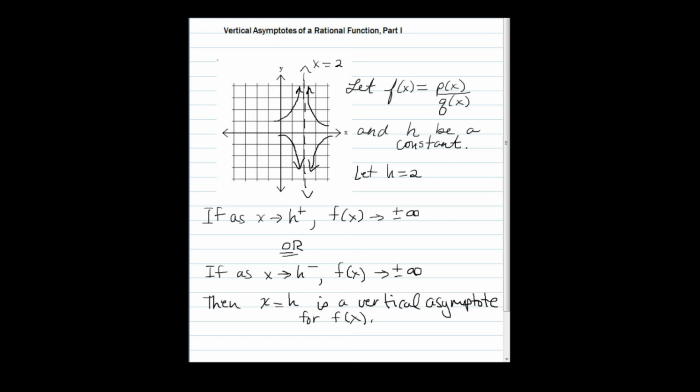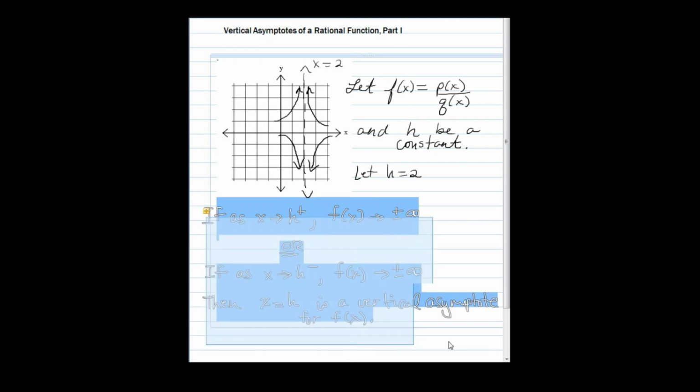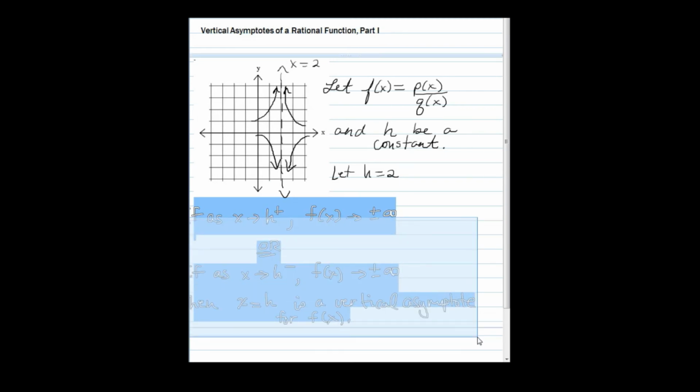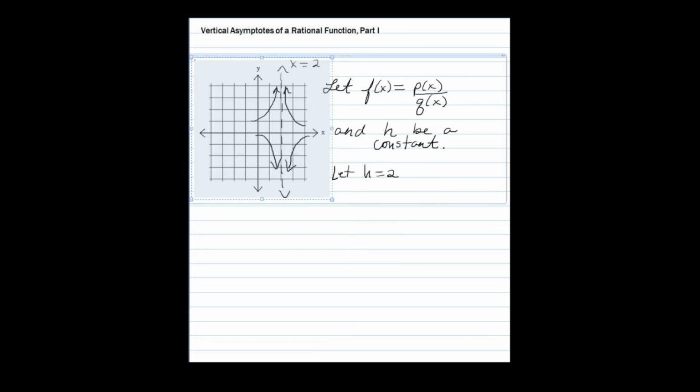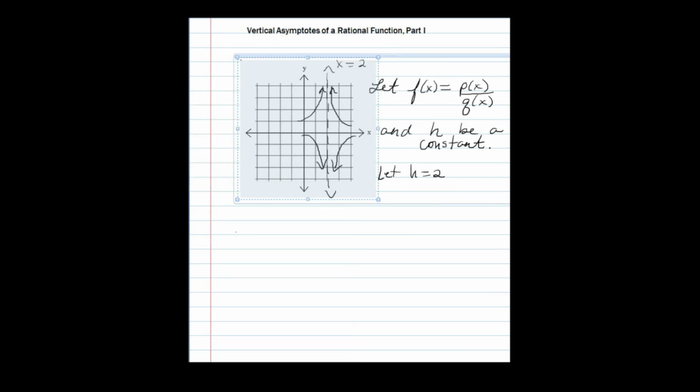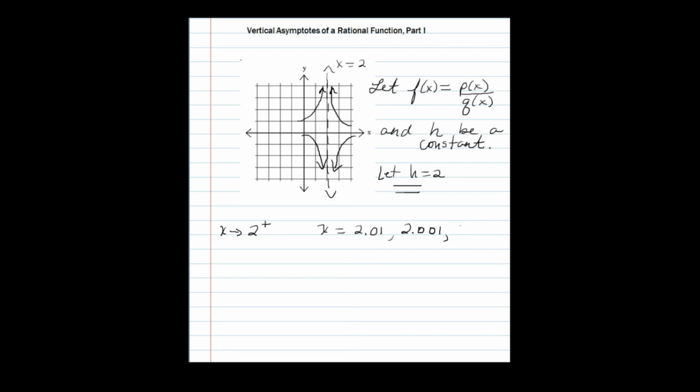Okay? So that's what it means to be a vertical asymptote for this rational function. Now I'm going to talk about what it means to come at x from the left or from the right. So in the first, let's look at x approaches, and again, let h be equal to 2 in this example. As x approaches 2 from the right, what does that really mean? Well, now we're looking at values such as 2.01 or 2.001 or 2.00001.